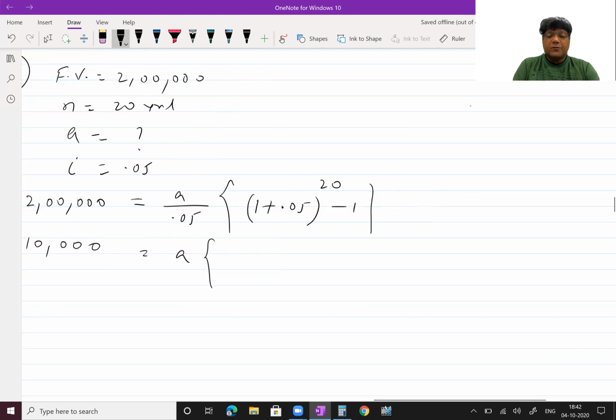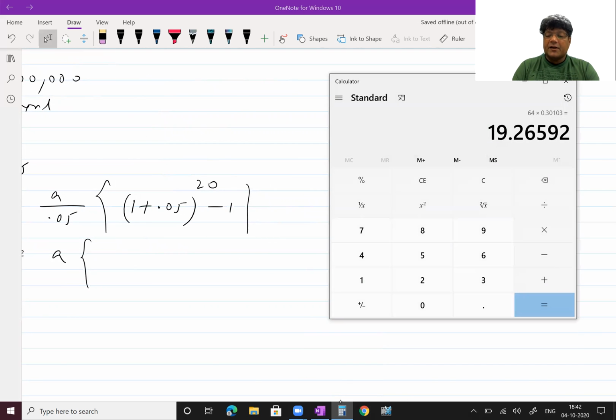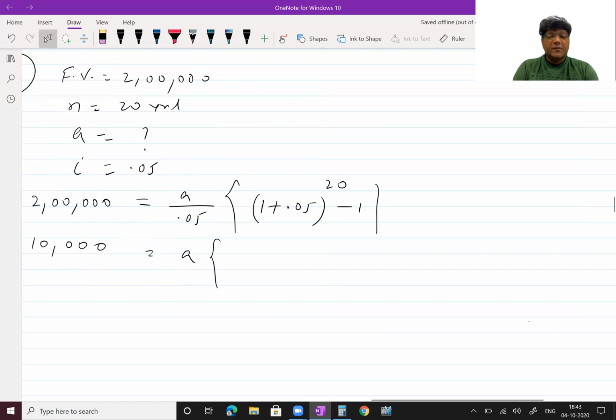Now 1.05 to the power 20 is not supplied, so I will calculate. 1.05, equal to, it became square, equal to 3, 4, 5, it became power 5. Now into equal to, it became 10, again into equal to, it became 20. So this is the value of 1.05 to the power 20. Now we have to do minus 1.